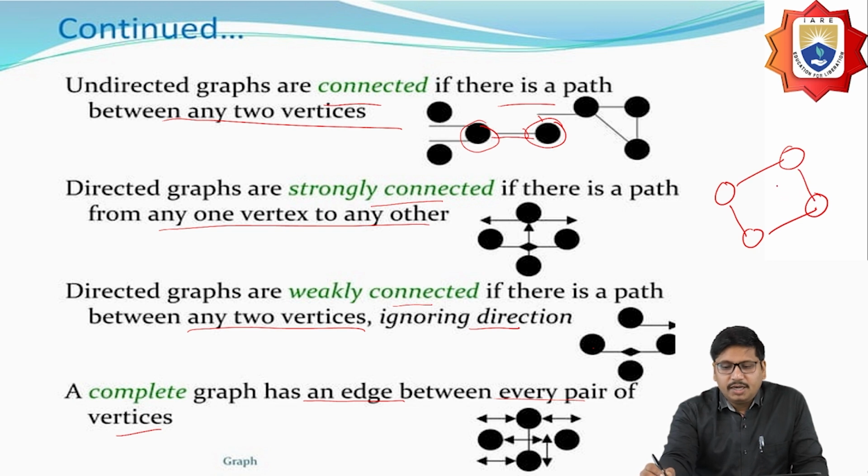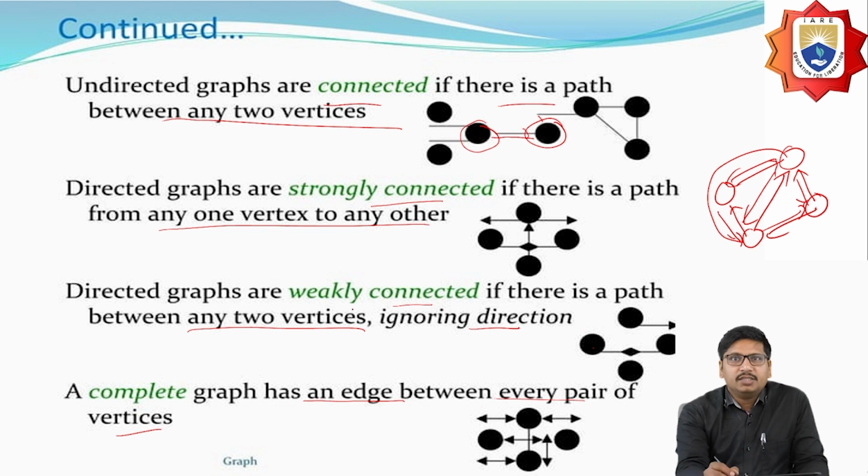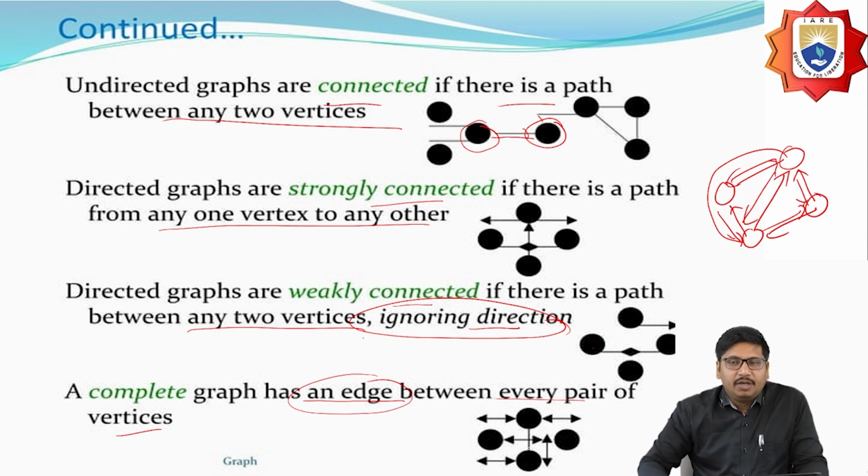So this is a directed graph, and if such a path exists, then it is a strongly connected graph. An undirected graph is said to be connected if there is a path between two vertices. Weakly connected means there exists a path between two vertices ignoring the direction. And a complete graph has an edge between every pair of vertices.